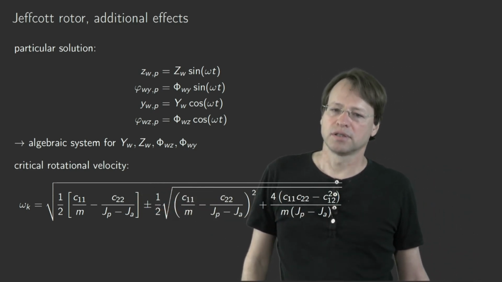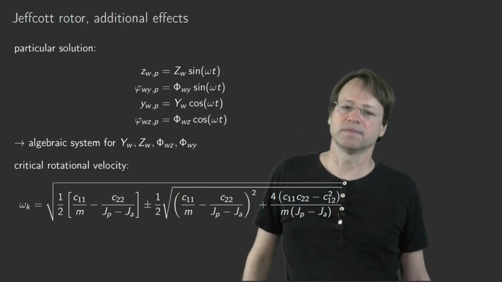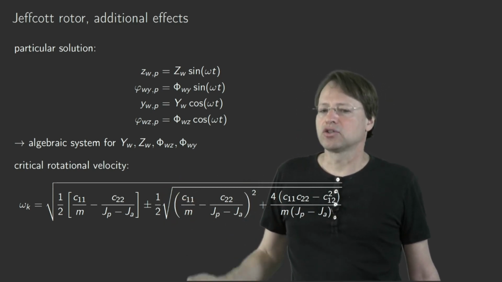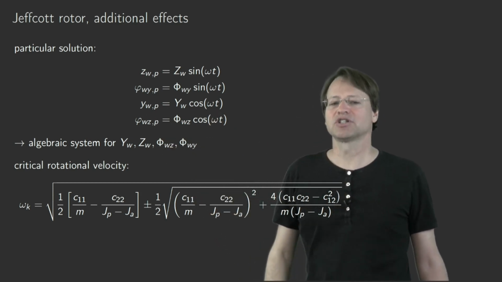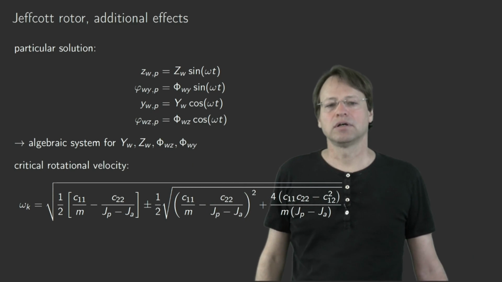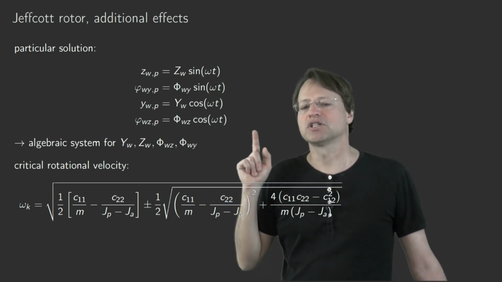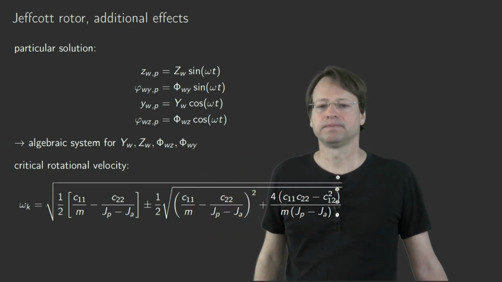So the question is, as there are two signs here, do we always get two critical rotational velocities? This ends a little bit the discussion on several critical velocities, or is there just one critical speed?